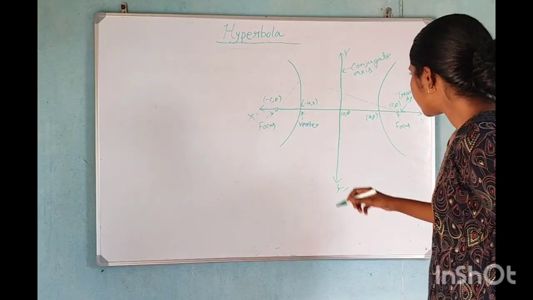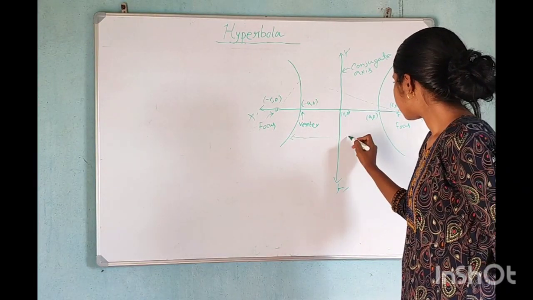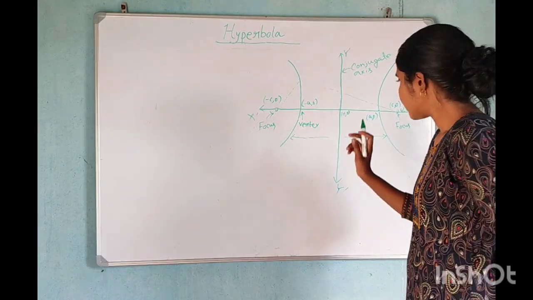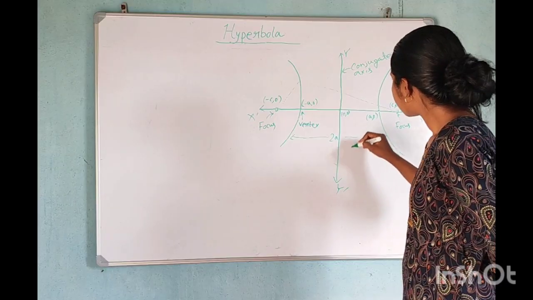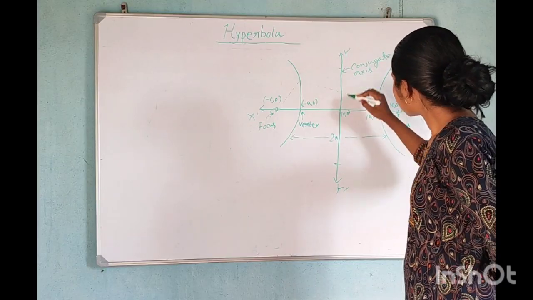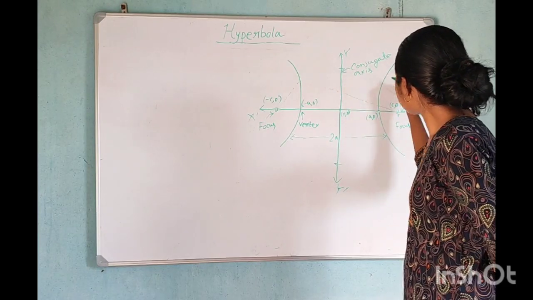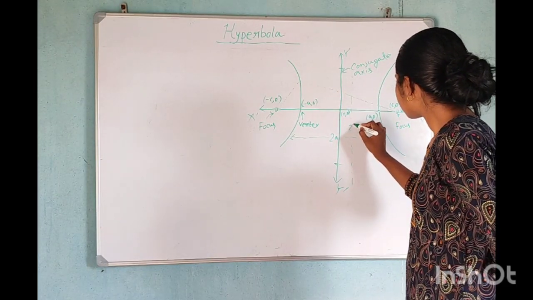Now, this distance is the length of the transverse axis. Here this is 2a. And this is the length of the conjugate axis. This is 2b.